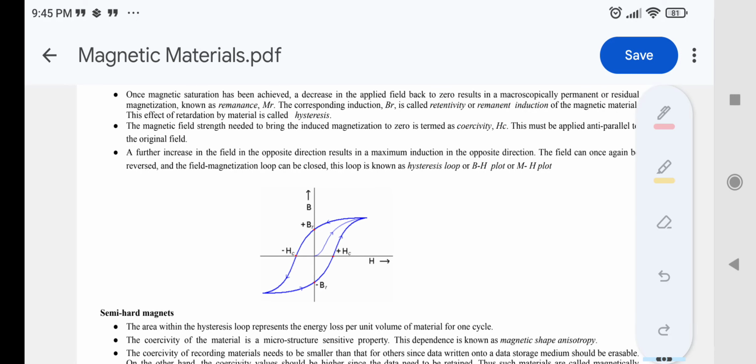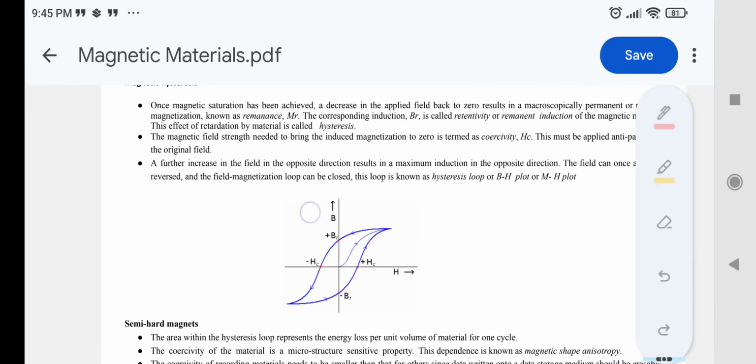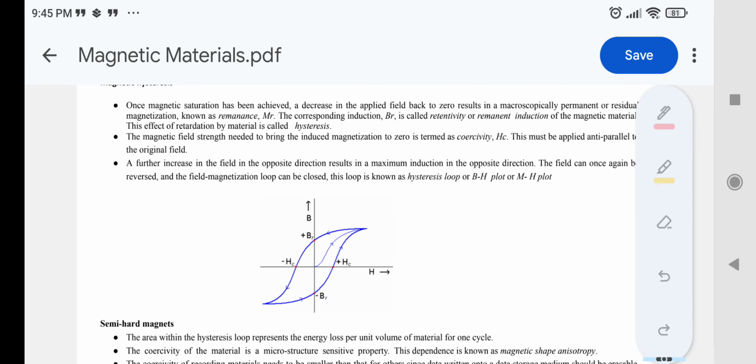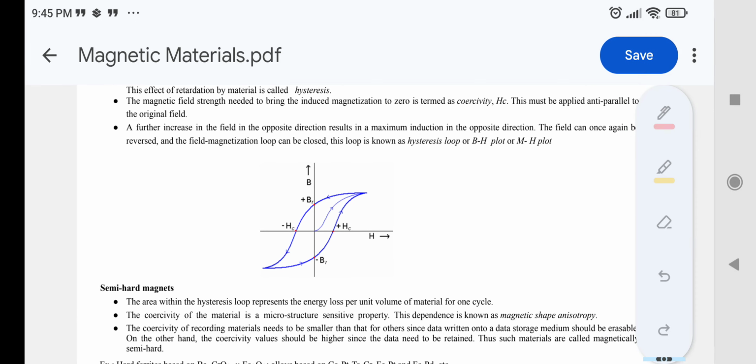The magnetic field strength which is needed to bring the induced magnetization to zero is called coercivity Hc, which is marked here. You can see Hc. This must be applied anti-parallel to the original field. Right? A further increase in the field in the opposite direction results in maximum induction in the opposite direction.